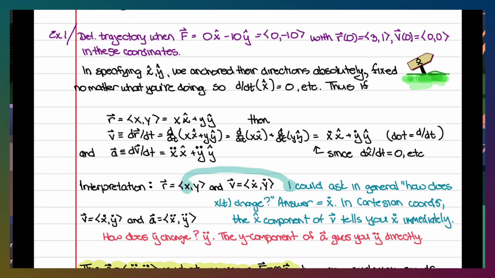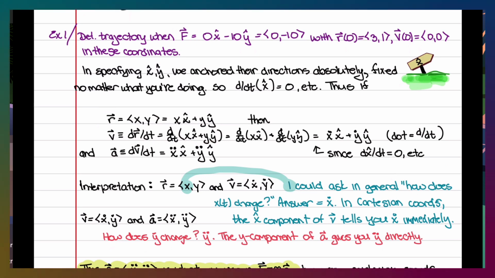So if we start very generally, I can define my position as x comma y in this 2D Cartesian system. Then the velocity, by definition, is the derivative of that vector, which is the time derivative of this entire thing when I write it out with the unit vectors.